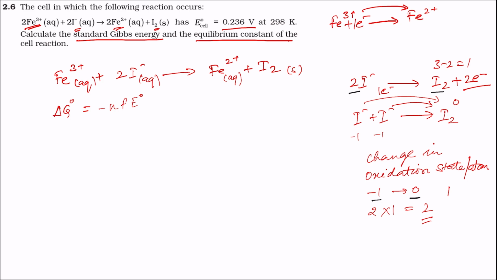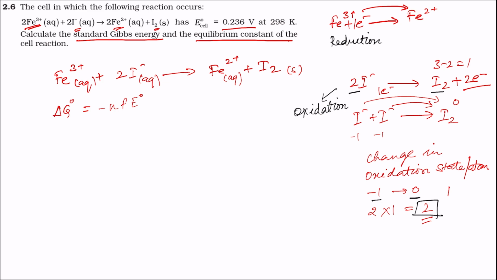The number of electrons lost can also be obtained from total change in oxidation state. The total change in oxidation state is 2, therefore the total number of electrons lost is also 2. So the reaction where Fe3+ ion changes to Fe2+ ion is the reduction reaction, and the reaction where 2I⁻ changes to iodine is the oxidation half reaction.